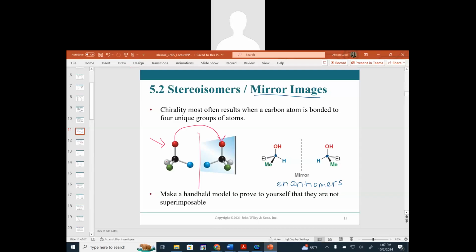What we would find is that they are not superimposable, and we would call these structures the enantiomer of one another. So whenever you have a chiral compound, it will have exactly one enantiomer, one non-superimposable mirror image.